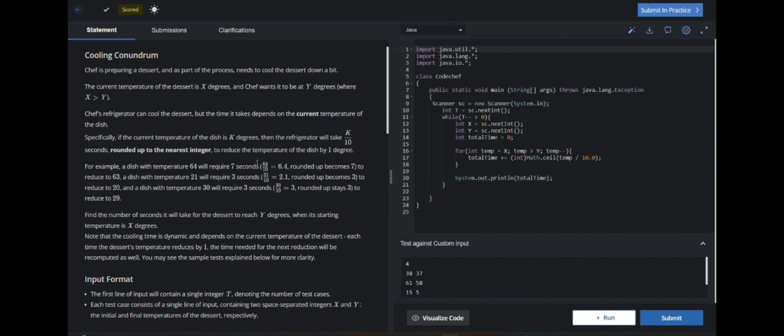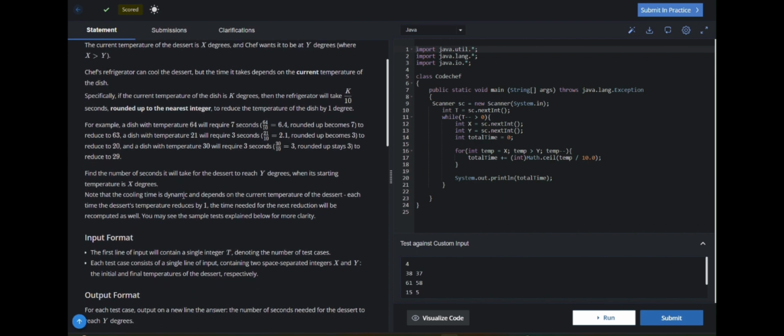So that's how 7 seconds was required to reduce the temperature from 64 to 63. Similarly, a dish with temperature 21 will require 3 seconds to reduce to 20. How? 21 by 10 is 2.1. When we take the ceiling value of 2.1, we will get 3.